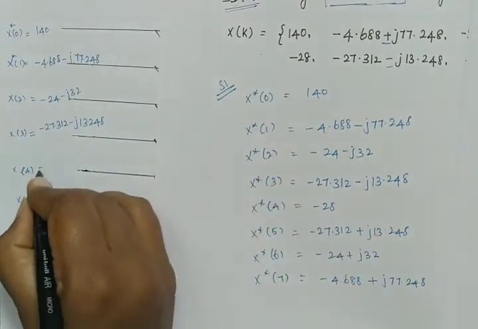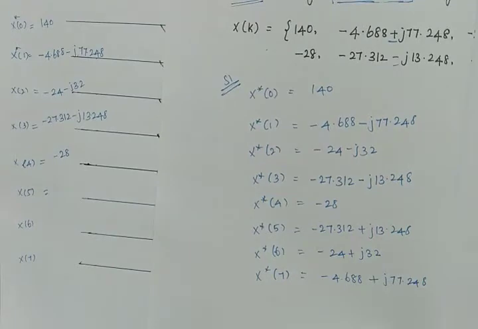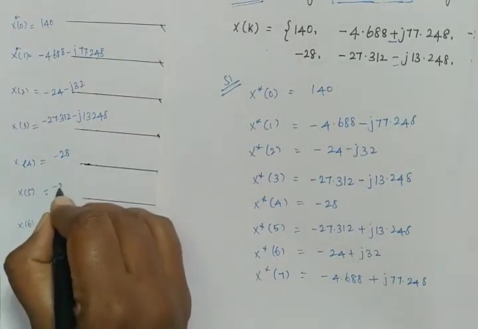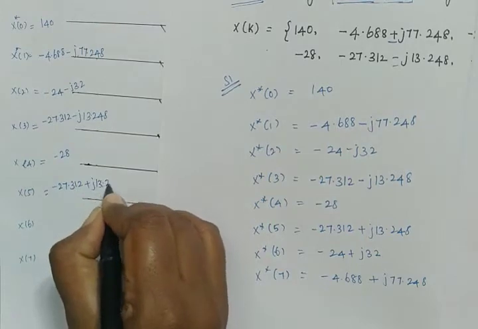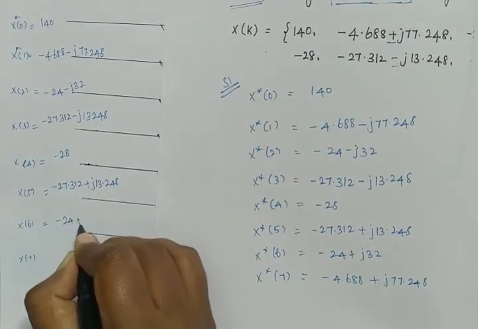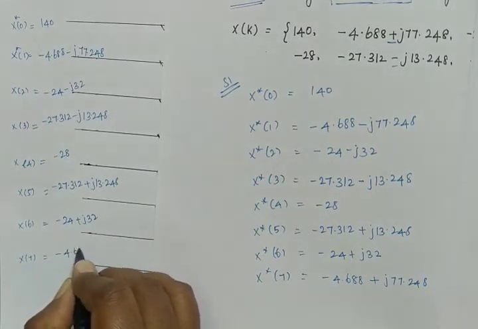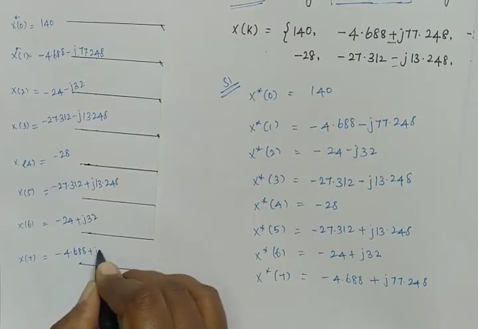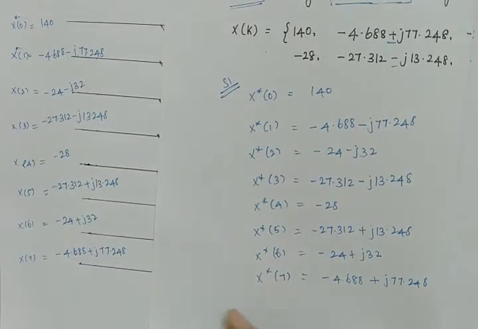Then x of 4 is minus 28. x of 5 is minus 27.312 plus j13.248. And here it is minus 24 plus j32. Here it is minus 4.688 plus j77.248. So this is what we have to do in step 2.